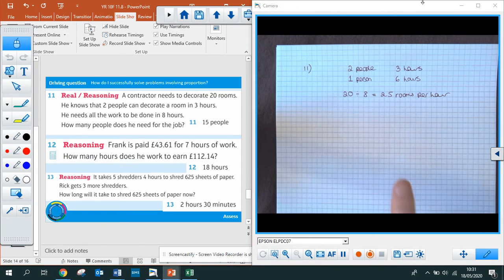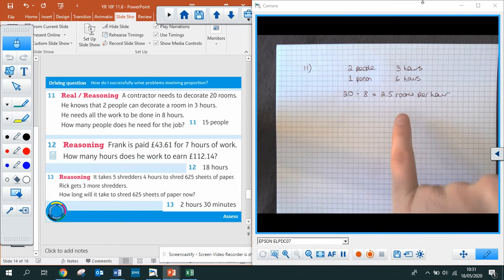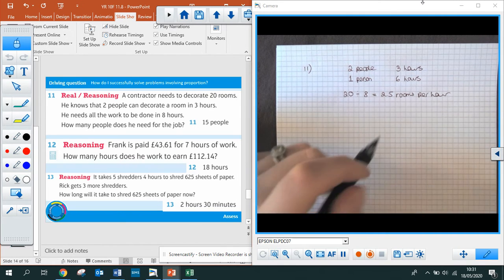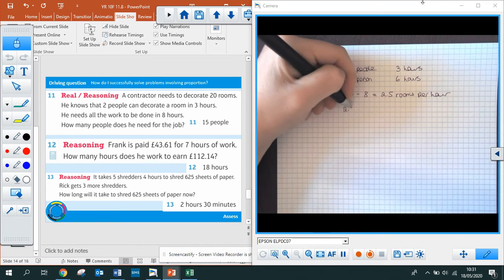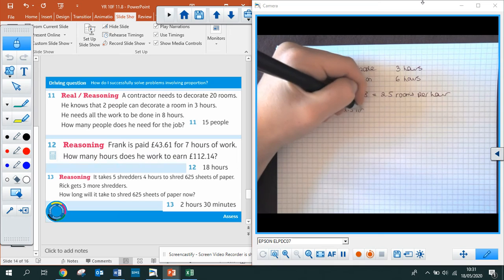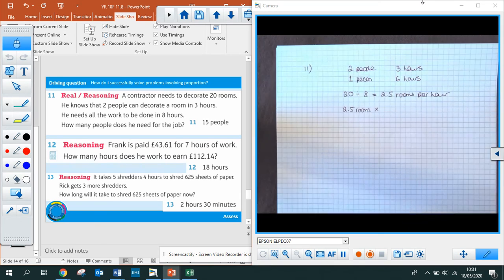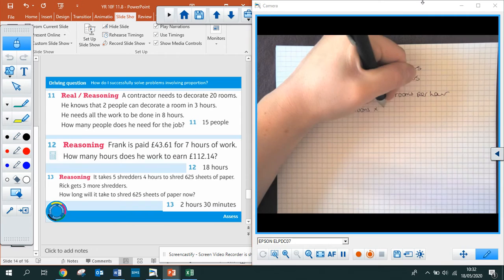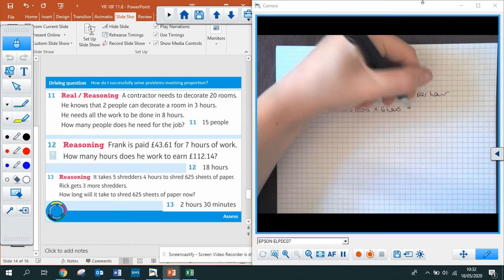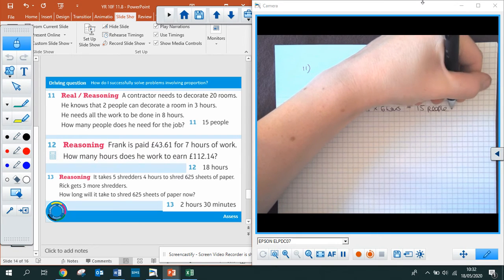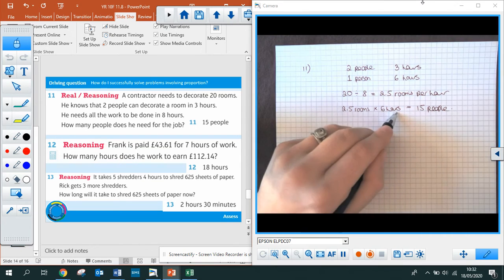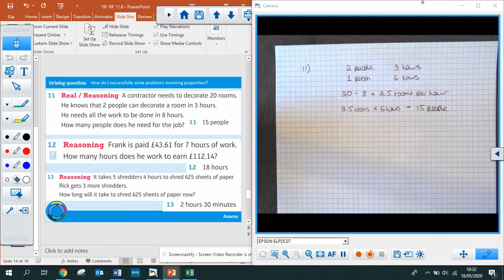It takes 1 person 6 hours to paint 1 room, so I'm now going to do 2.5 rooms multiplied by the 6 hours it takes per room, and that's going to tell me that I need 15 people. Okay?